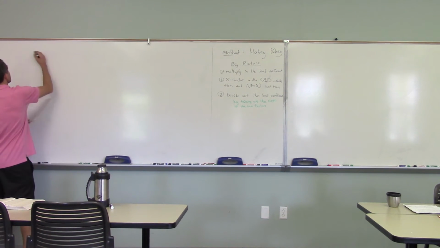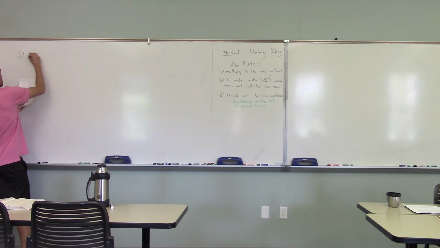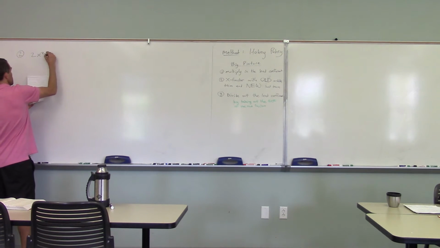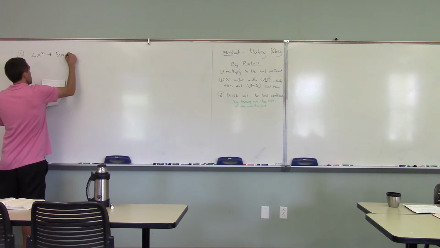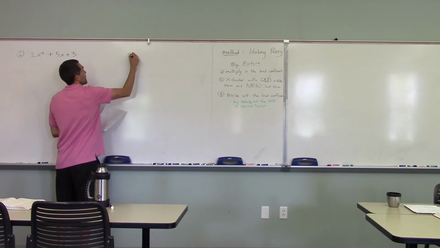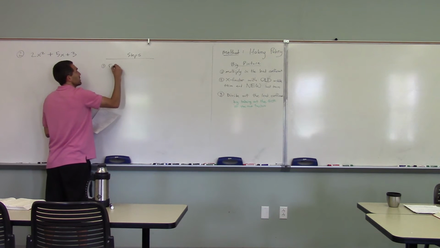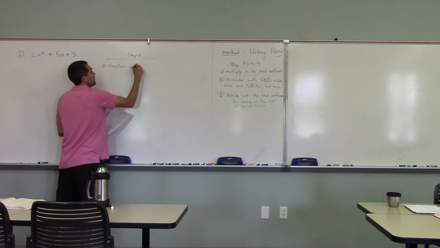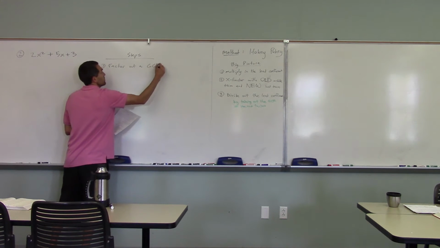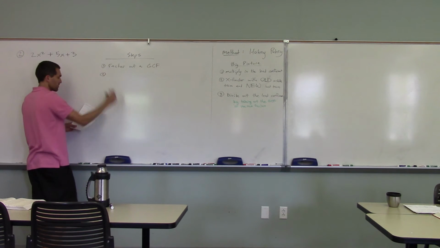Okay, so here's how we do it. Here's number 2. Same problem we already did. We're going to do it now with the Hokey Pokey. Here are the steps. First step: factor out a GCF. This one doesn't have a GCF.